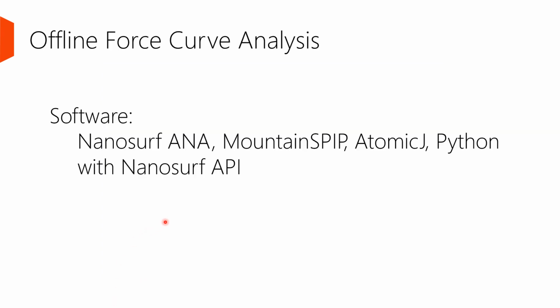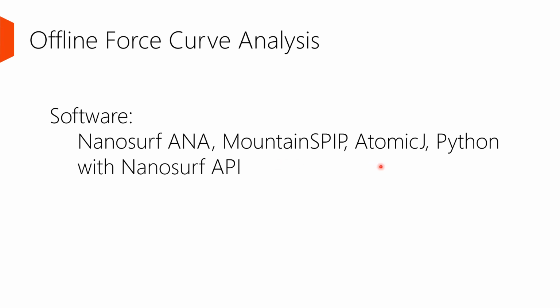For offline data analysis, we actually have a few options here. We can definitely use NanoSurf Analysis if the data is generated with our instrument. It's very fast and convenient to use. We can also use Mountains SPIP. It's a very powerful tool that provides a lot of customization options and filtering functions.